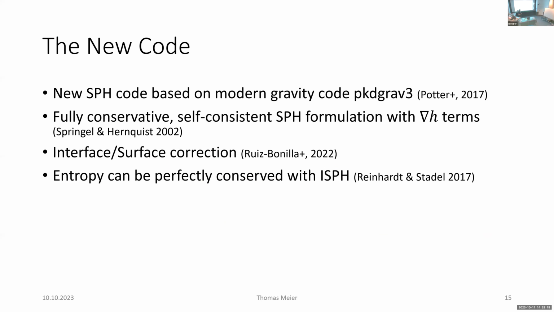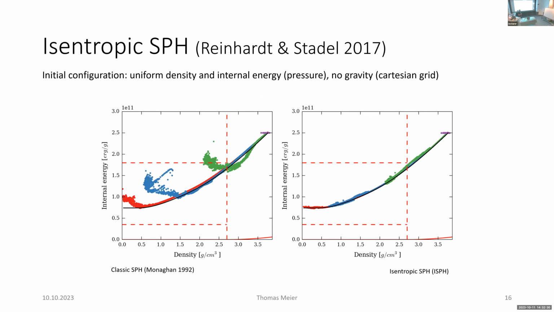And we also have this ISPH, which means that outside of shocks, we perfectly conserve entropy with a trick. Here is an example of that. Without gravity, you just have a cube of particles that has no self-gravity and only pressure, so it will expand, right? And due to numerical errors, you get that, right?